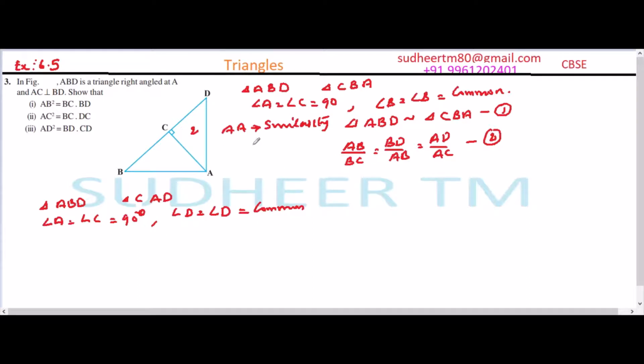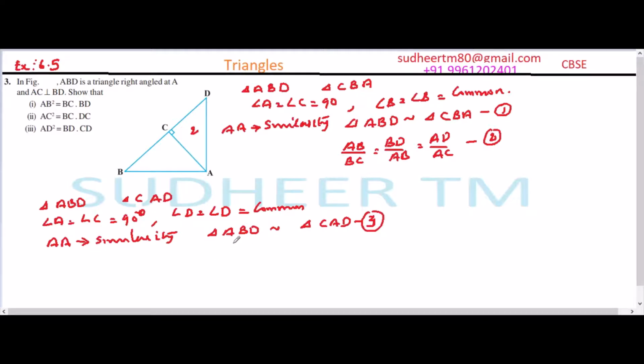So again, by AA similarity, triangle ABD is similar to triangle CAD. Say equation number 3.